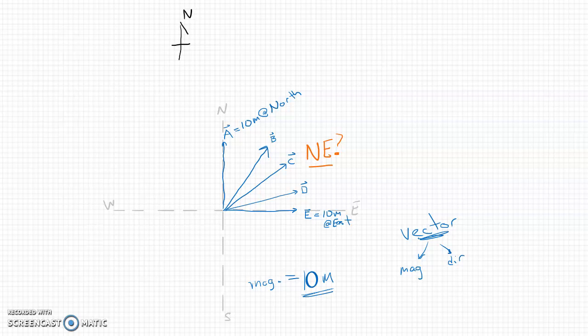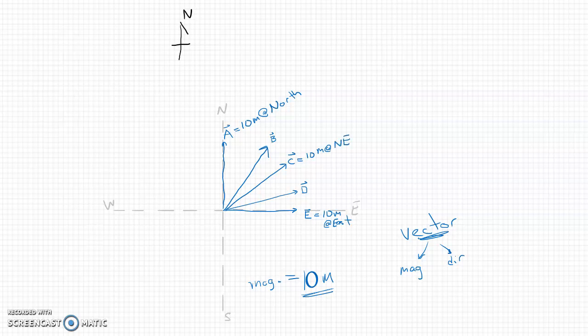That would be this vector here, where we can measure from the east up to the vector C. As long as this is 45 degrees, then we're going to have a northeast direction. Let me clean things up here. So let's say for our purposes that vector C was in fact 10 meters at northeast.